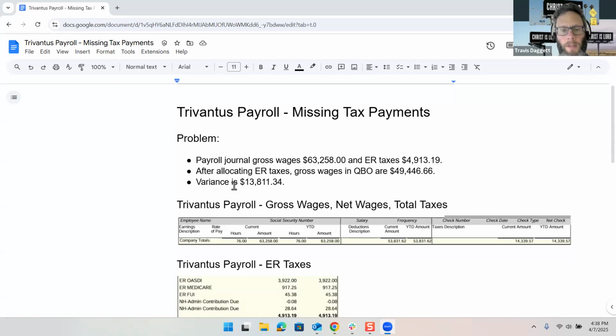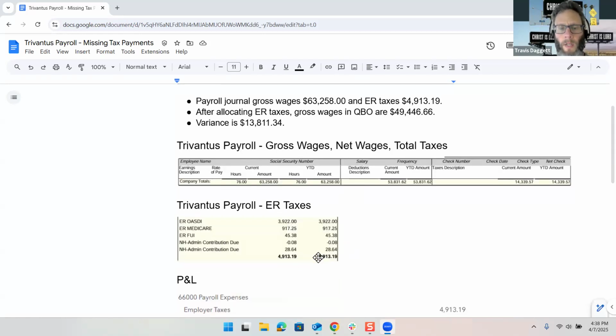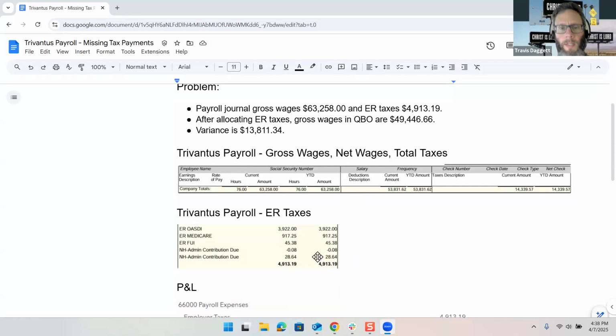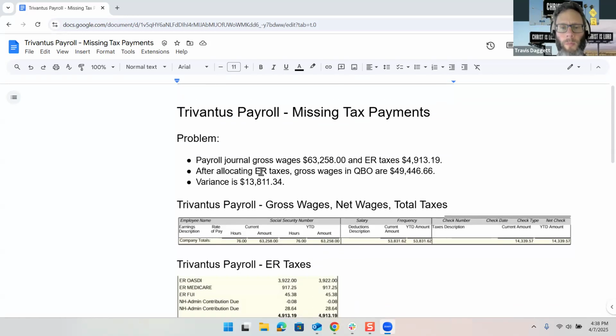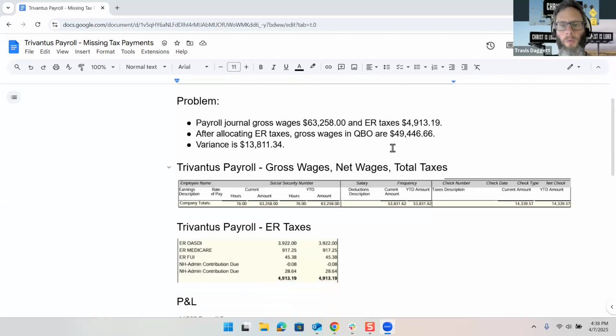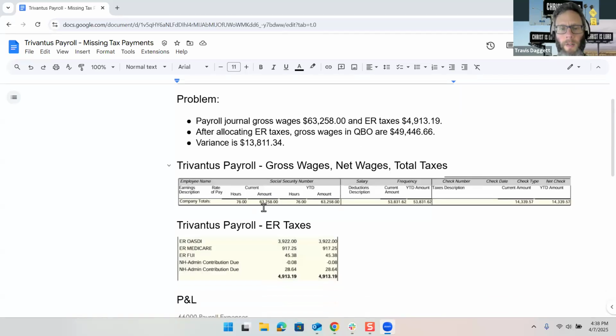If you look at the gross wages here, this is from the journal. You see it's 63. The employer taxes are 49.13. But after allocating the employer taxes, the gross wages in QuickBooks Online are only 49 instead of 63.